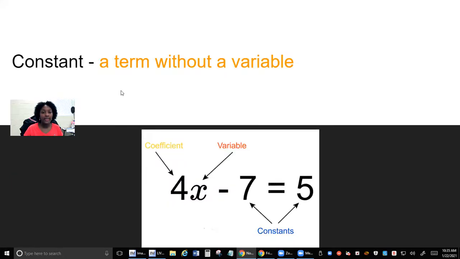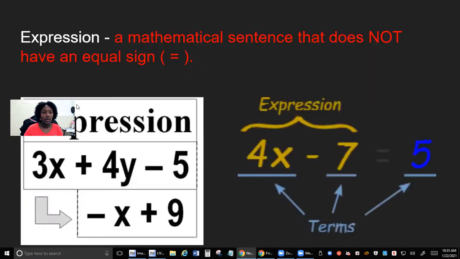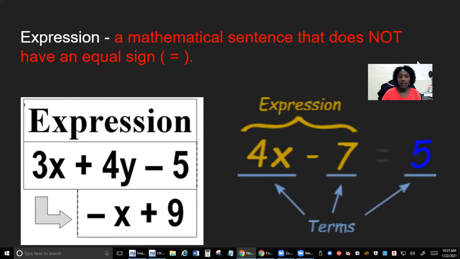A constant is a term without a variable. So a constant is just a regular number, constant, okay? All right, an expression is a mathematical sentence that does not have an equal sign. So notice, here's an equal sign. I solved for something. An expression has no equal sign.